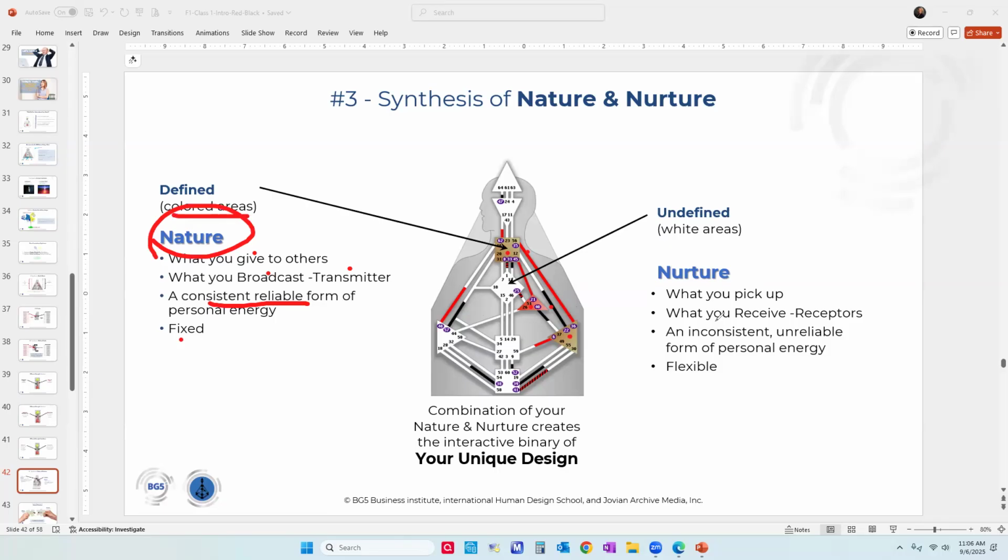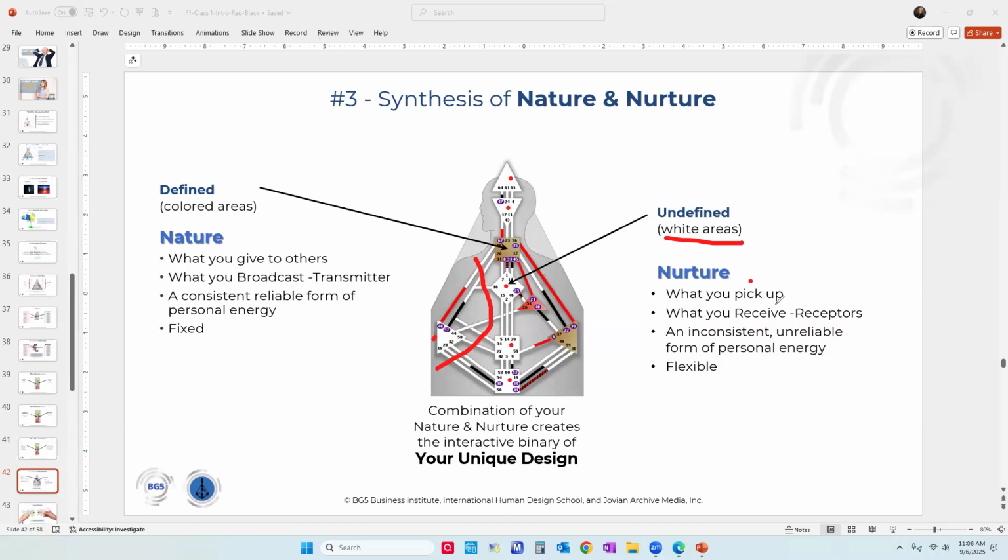And then on the nurture side, these would be all of the white areas of your design, right? So the open functions plus all those other areas, all the open trait and strength areas. This is what you pick up.